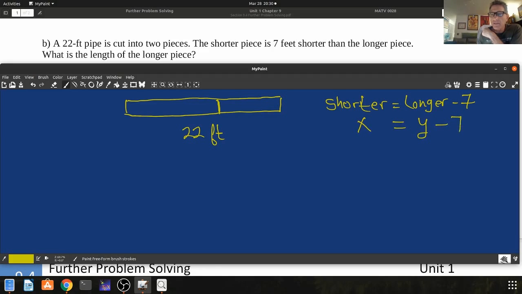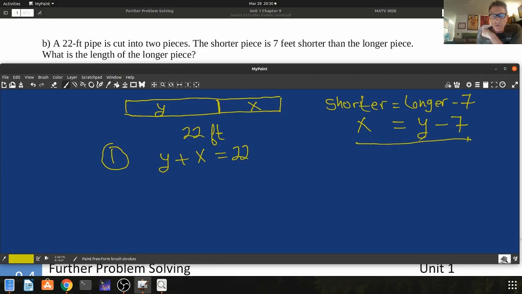So x is y minus 7. I know my shorter piece is x, my longer piece is y. I know that the length of y plus the length of x is the length of the entire pipe. So this is my one guiding equation. But over here, on the right hand side of my screen, I have x is equal to y minus 7.